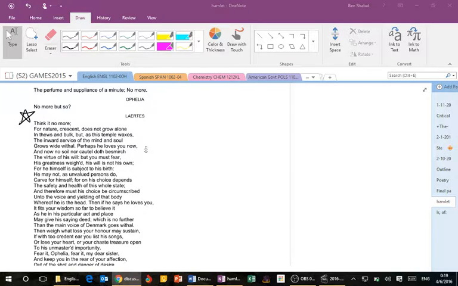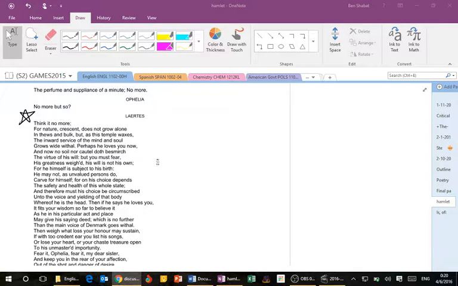He may not, as unvalued persons do, carve for himself, for on his choice depends the safety and health of this whole state. And therefore must his choice be circumscribed unto the voice and yielding of that body whereof he is the head."